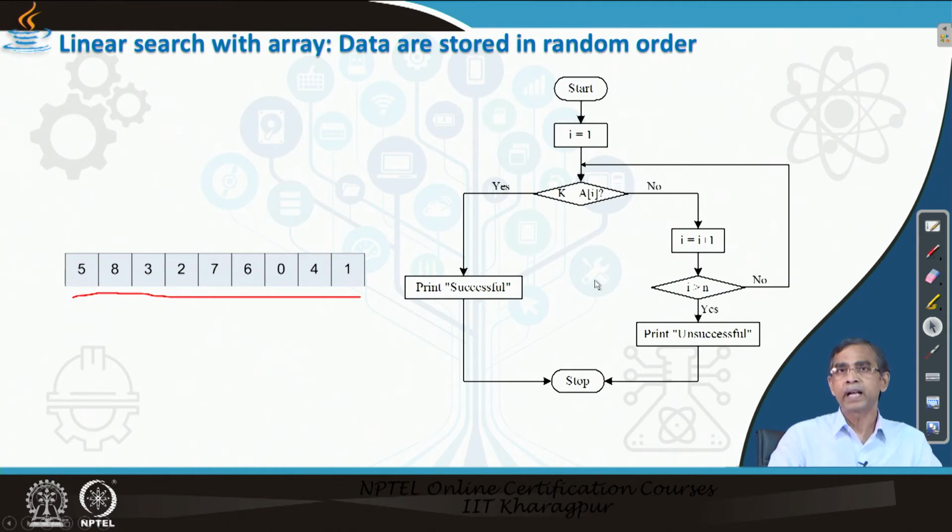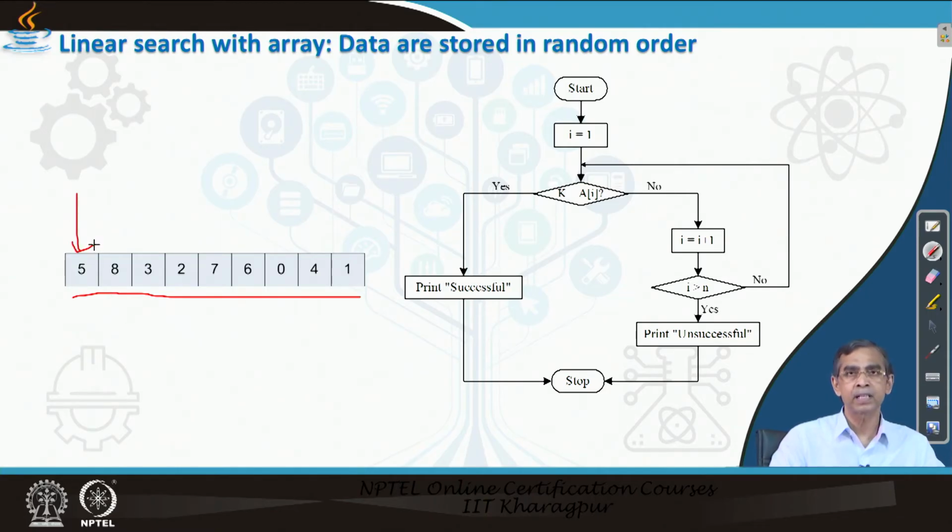Now, the algorithm that we can follow is shown here in this flow chart. Here the data is stored in a random array, and we have to find whether one item or element is stored or not. So for example, the target key is 9. What should we do? We should start from this position.